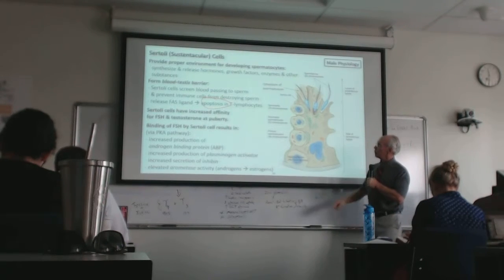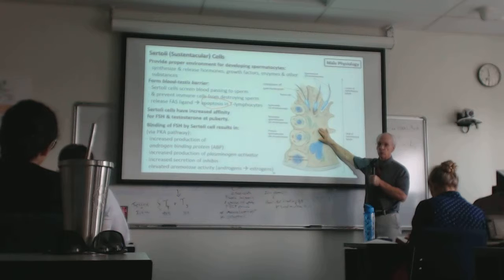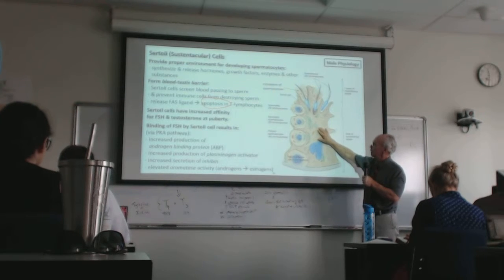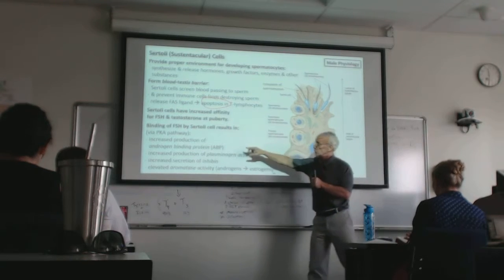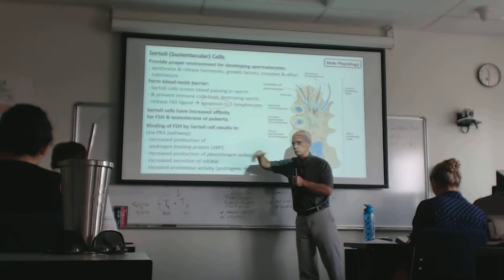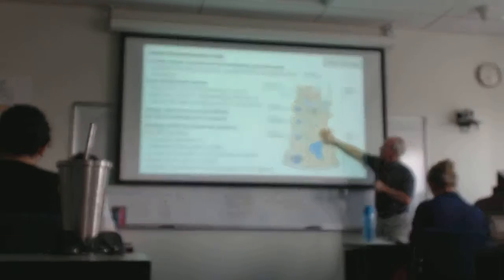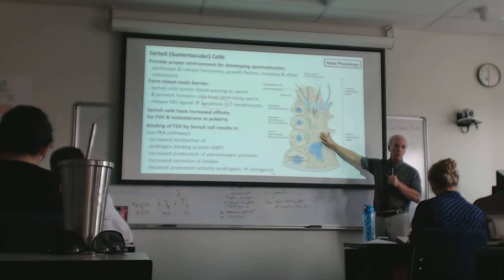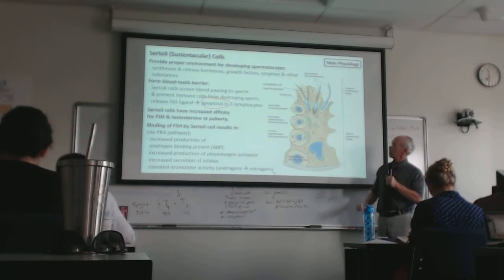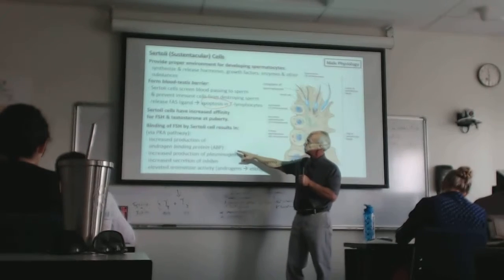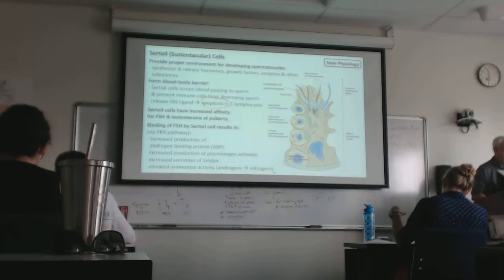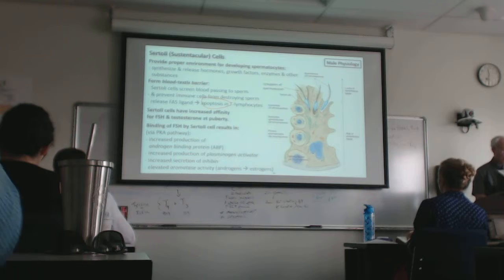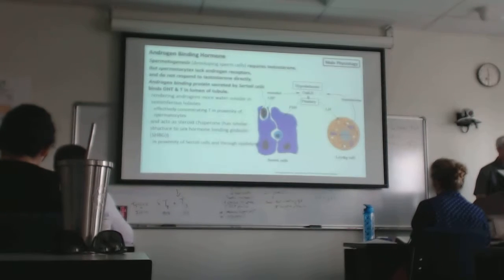And third, probably acting to regulate a variety of intracellular pathways, the Sertoli cell does have androgen receptors, and as the concentration of androgen is increased in ways we'll talk about in just a moment, the Sertoli cell probably changes its physiology to accommodate the increase in androgen. But really the ABP is just a chaperone, a carrier, increasing the concentration of the testosterone in the proximity of the spermatocyte.